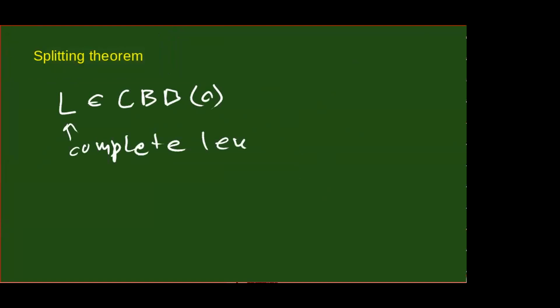Assume L has curvature bounded below by 0. It's a complete length space and has a line.